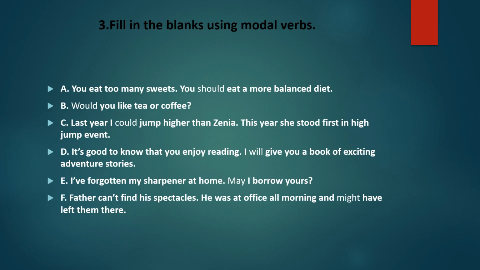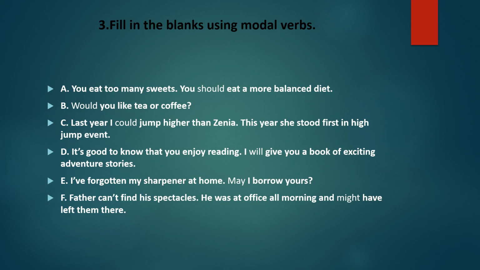Now children, see page number 73, grammar time. Here one new exercise is for you, modals. Now children, do you know what modals are? Modals are helping verbs that are used to express possibility, ability, permission, request and offer. One very important thing, they cannot be used without a main verb. They are always used with the main verb.